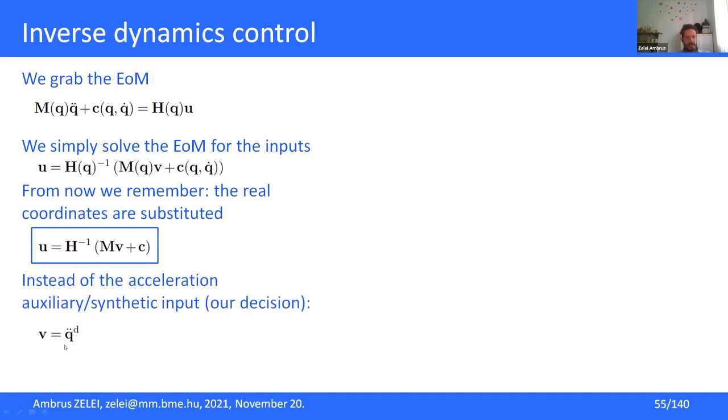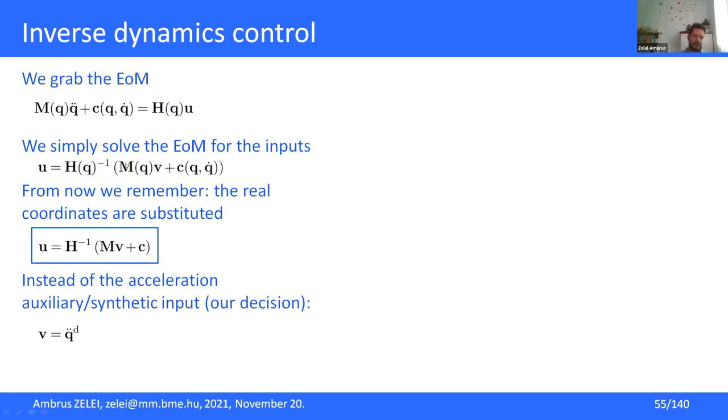And this V is basically the so-called auxiliary input or synthetic input, or they just say this is some kind of new input of the system. And obviously, if V is equal to the desired acceleration of the system, everything will be nice. But then the modeling errors will not be handled.